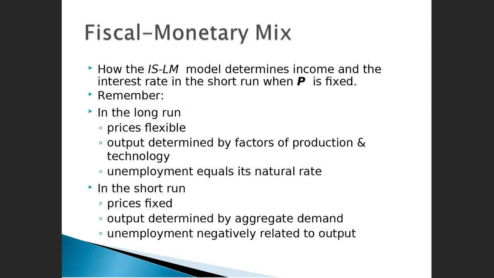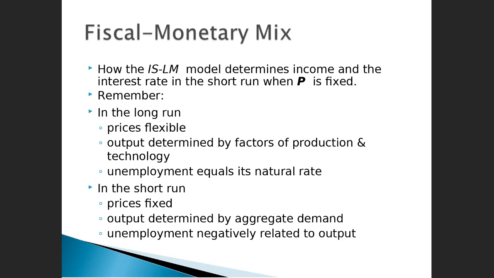The IS curve represents fiscal policy and the LM curve represents monetary policy. In other words, the IS curve reflects goods market equilibrium and the LM curve reflects money market equilibrium.